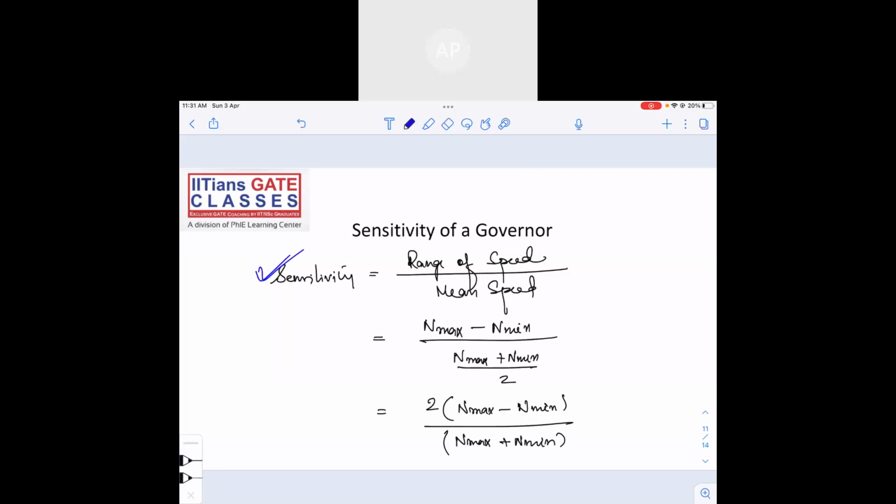The sensitivity of an isochronous governor is infinite. Questions are asked on this, so it is important. What is the sensitivity of an isochronous governor? That is infinite.